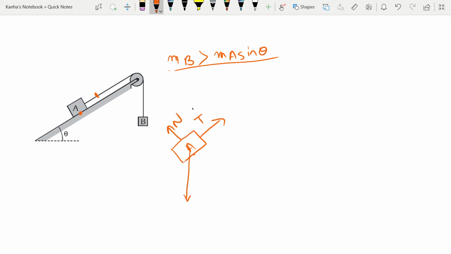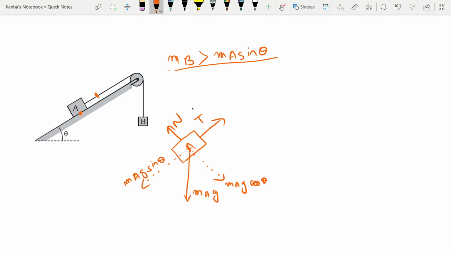So there is MAG. As we saw earlier, I can split it into two, along the incline and perpendicular to it. So this was MAG cos theta, and this was MAG sine theta.